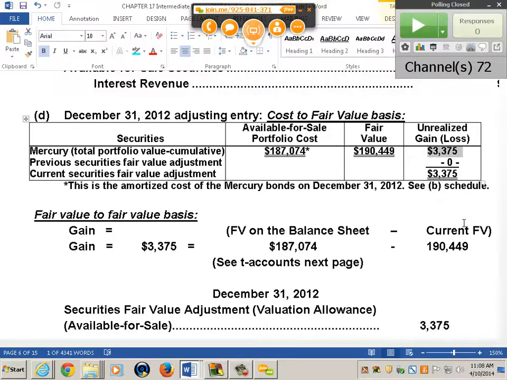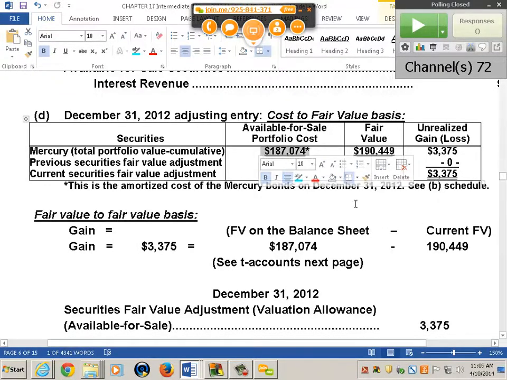So the journal entry, and by the way, you can do this either cost to cost, fair value to fair value. In the first year, the fair value to fair value doesn't really make any difference. So according to the table, if the carrying value of the portfolio is 187,074, and if the fair value is 190,449, I need a total balance in the allowance account of 3,375.